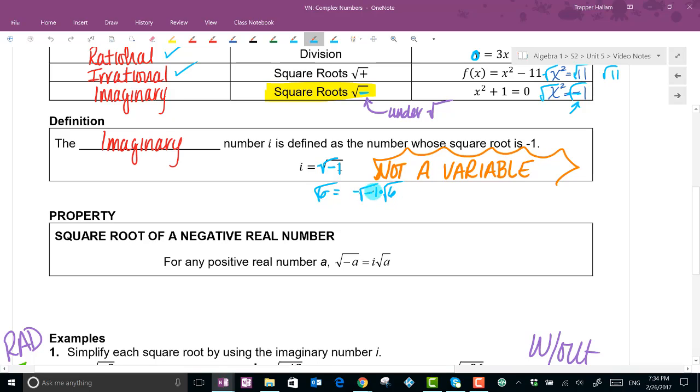The square root of -6 equals the square root of -1 times the square root of 6. Anytime we find the square root of -1, we're going to call it I. That's our job. That's all you have to know about it right at this moment: anytime that you have the square root of -1, you're going to call it I. So we get I square root of 6, and of course we'd simplify that a little bit farther, but we'll get to the example.